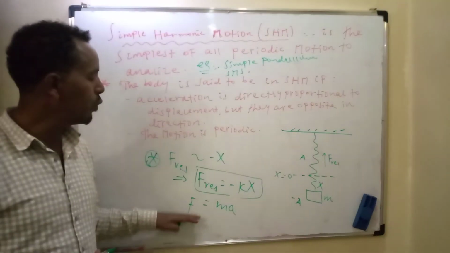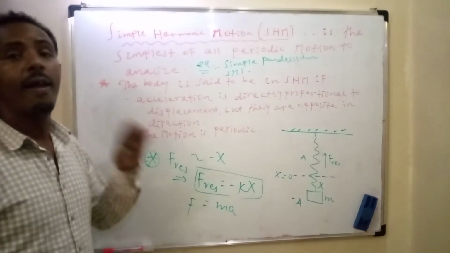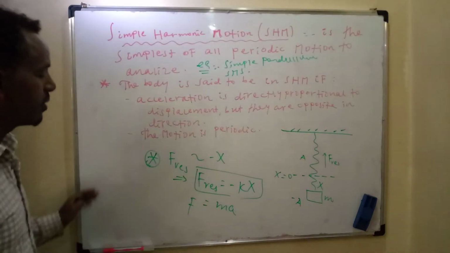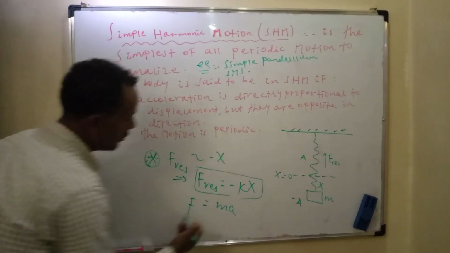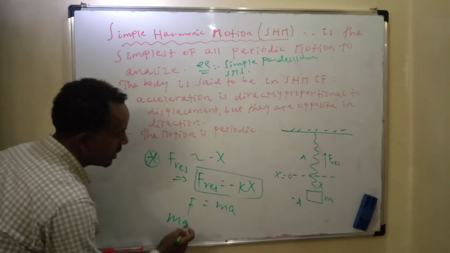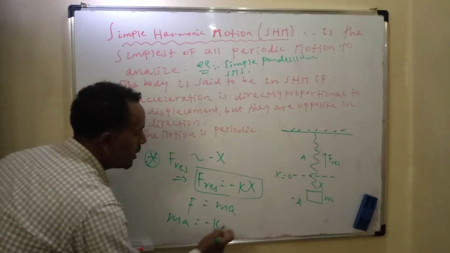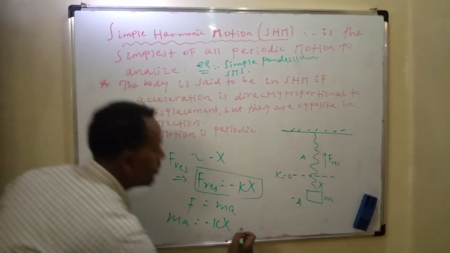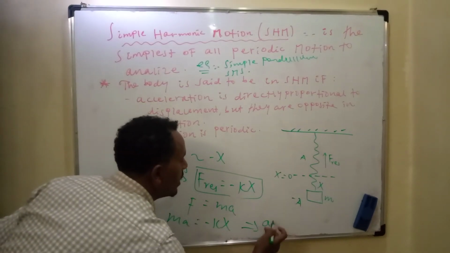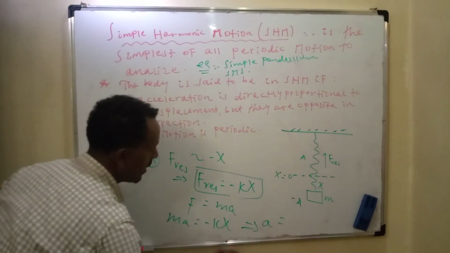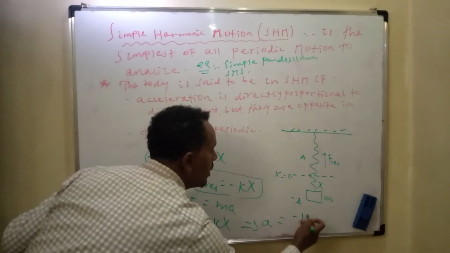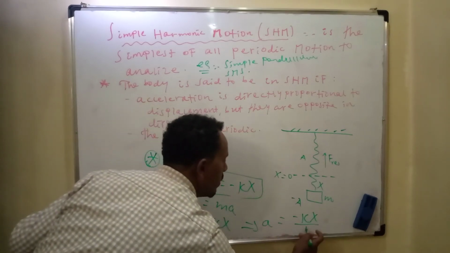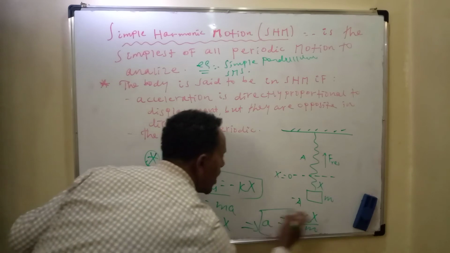Therefore, mass times acceleration equals minus k times x. Dividing both sides by mass, acceleration equals minus k times x over mass.